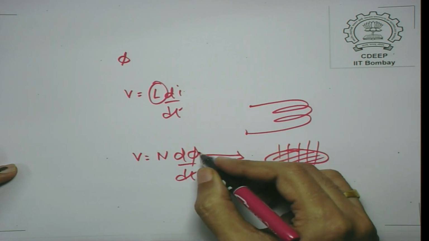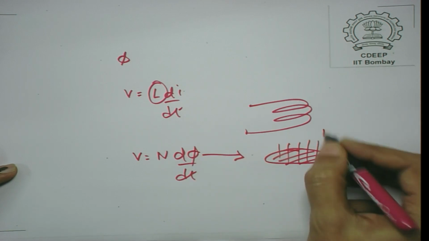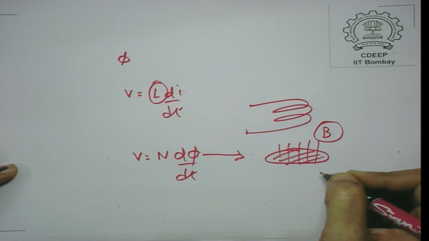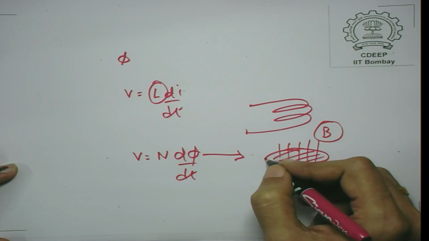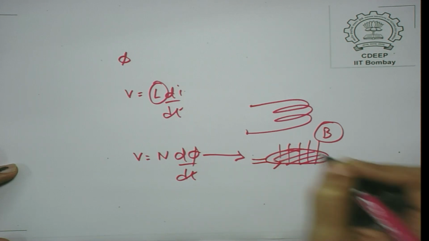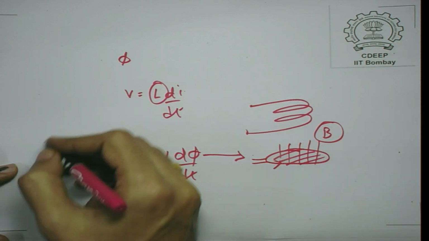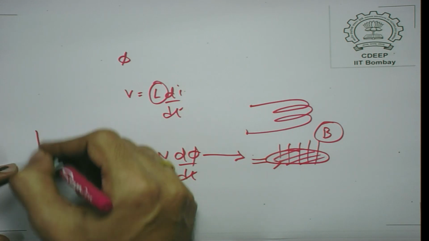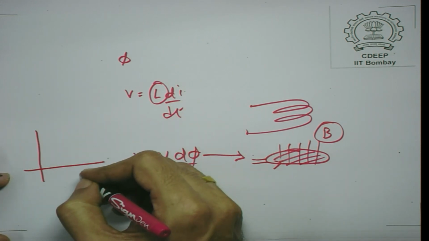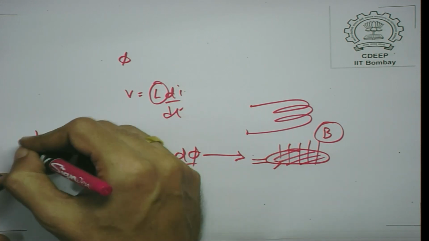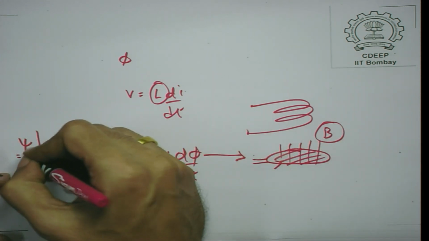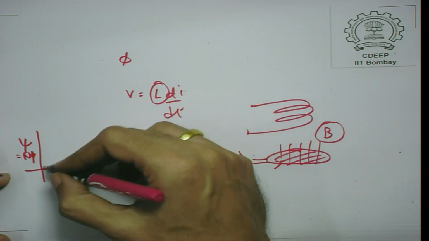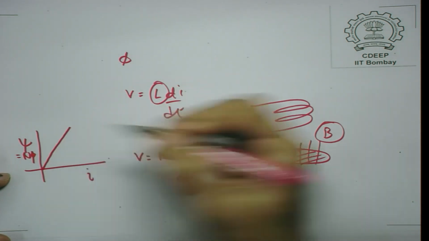The flux is related to the flux density, and the flux density is there because of the currents. The interesting point here is that for a single coil, the flux linked, which is equal to N into phi, versus current is not a linear relationship.